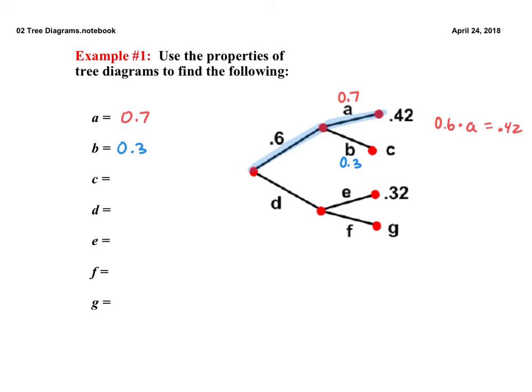If we look at C, C is the probability of this path. So if I take 0.6 times 0.3, then I get 0.18, which is the probability of that path, which is C. For D, this branch needs to sum up to 1. So since this is 0.6, that must be 0.4.